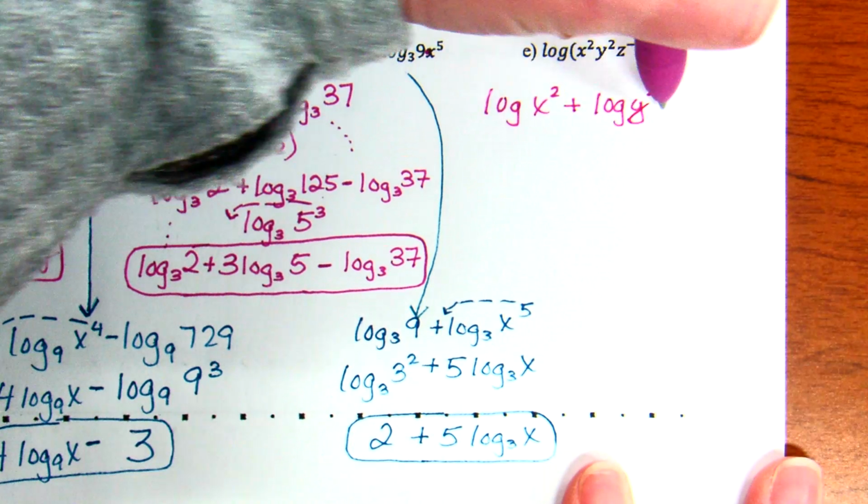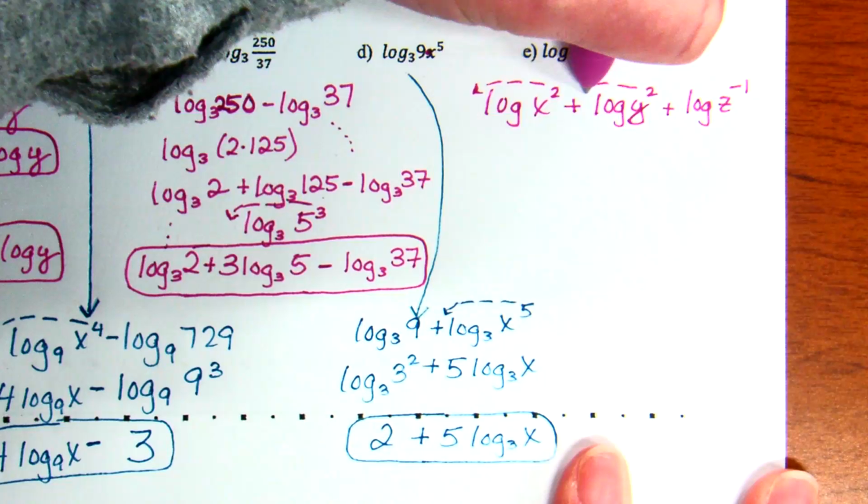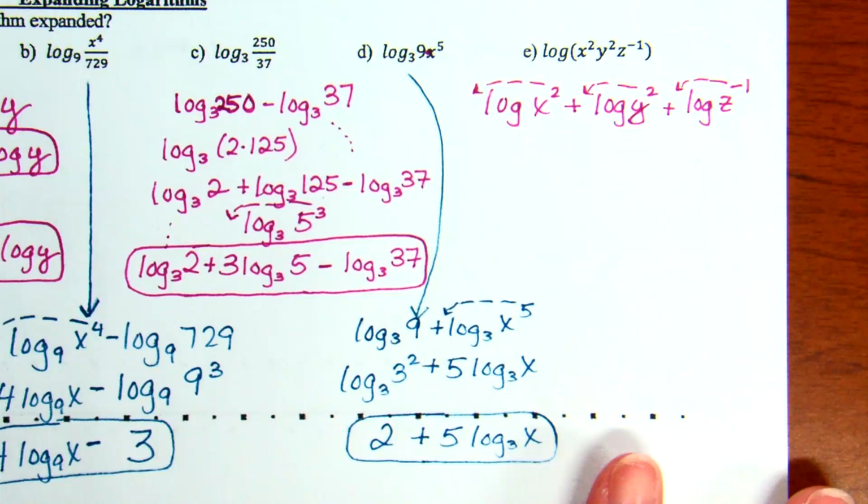The power property says we can move the exponents. So each exponent goes out front and becomes a coefficient. So log x squared becomes 2 log x. Plus log y squared becomes 2 log y. What about log z to the negative first?